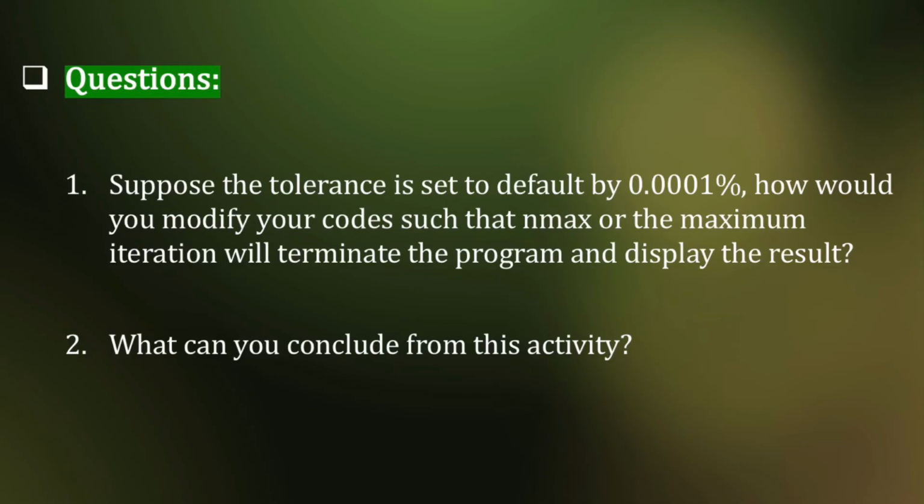For question number 1, suppose the tolerance is set to the default of 0.0001%. How would you modify your code such that nmax, or the maximum iteration, will terminate the program and display the result? The answer is, if now we have the same non-zero values from the first iteration, we can compute the approximate error to estimate as each new value is computed at this point.